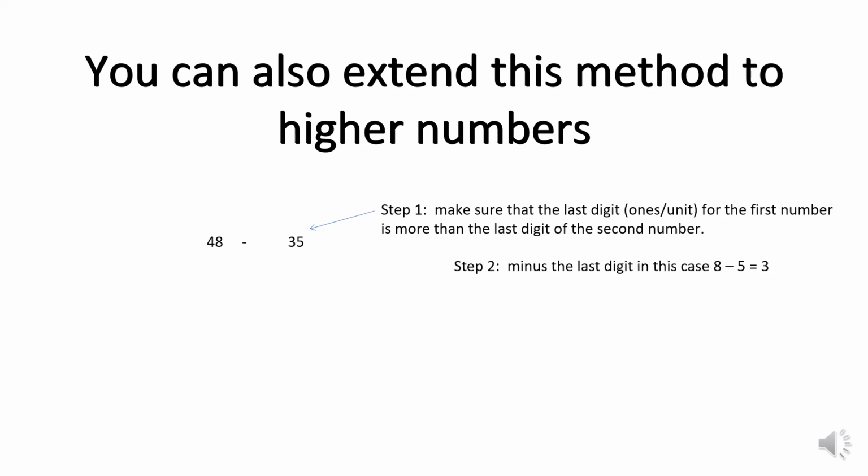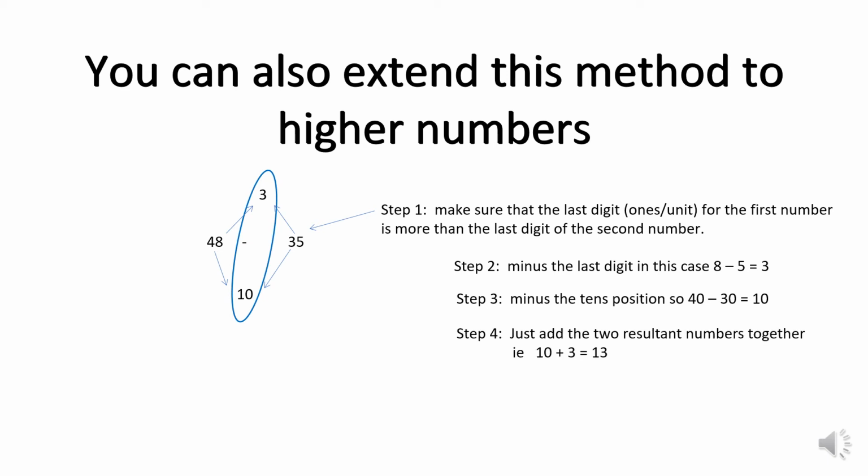So 8 minus 5 is 3, and we remember that. The next thing we need to do is to just minus off the tens position. So in this case it would be 40 minus 30. That will give you 10. And then we just add the 10 plus the 3. That would give us 13. So 48 minus 35 equals 13.